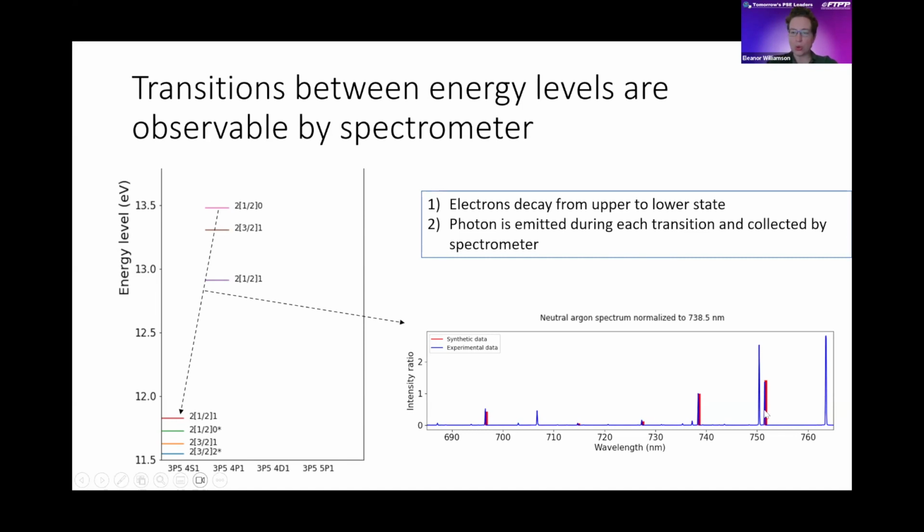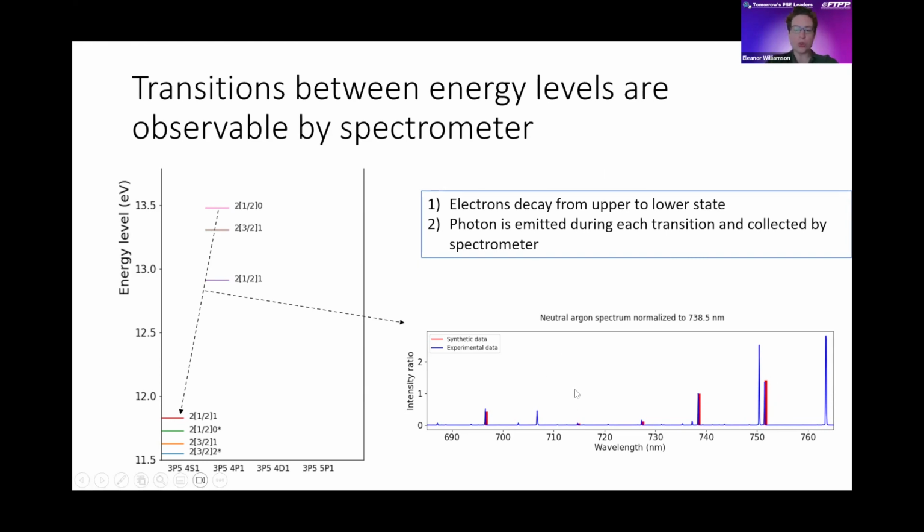What's incredibly cool about the spectrometer is that every single one of these wavelengths corresponds to a different energy level transition. And so if we look at a particular wavelength, we know exactly what the upper and lower energy levels are for that transition.